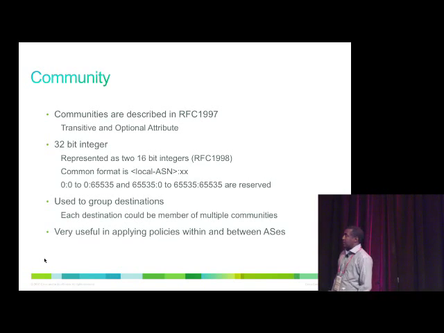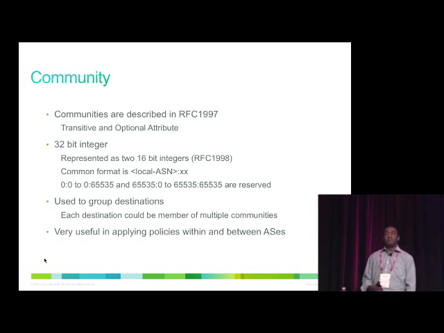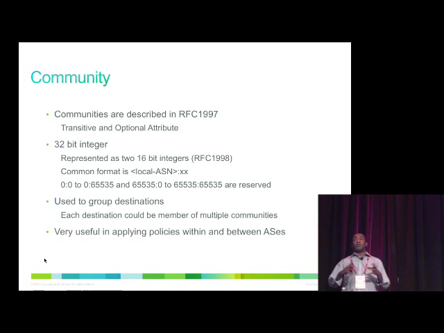Another very important attribute is community. This simplifies configuration management and application of policy. It is used to classify routes into communities, or into classes, essentially. So it is a 32-bit integer.